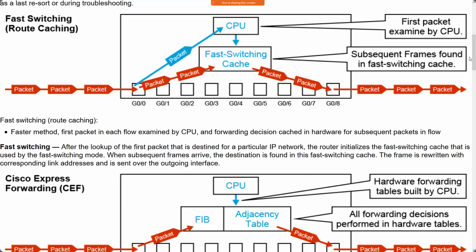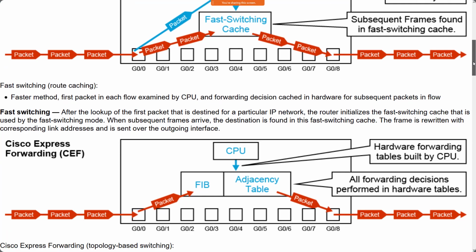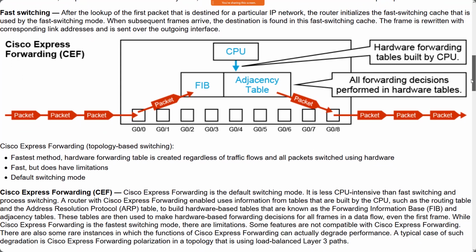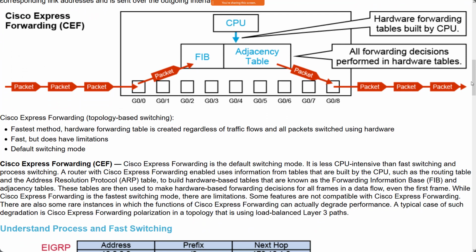This is not Cisco Express Forwarding, right? It's very similar to Cisco Express Forwarding in that the caches get built, but with Cisco Express Forwarding, what we call topology-based switching, the caches are pre-built even before the first flow happens. So you can see there that we have two different databases that are built.